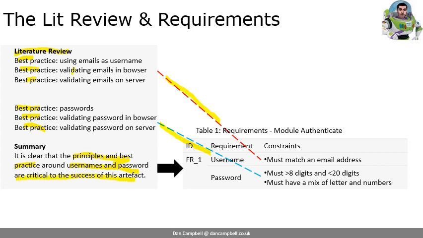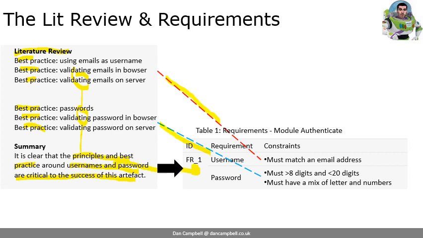So they've taken the core ideas which they discussed in their literature review and summarised it in their summary. And if I went from their summary straight to their list of requirements, I will see requirements for all the key themes and ideas presented in this summary.